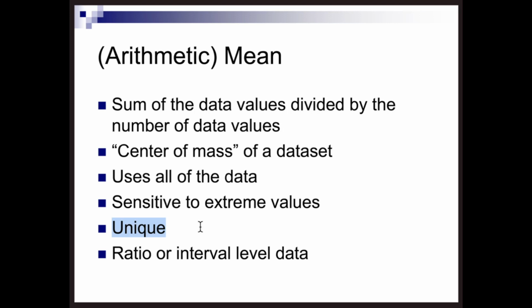But for the arithmetic mean, we can be sure that for a given data set, there's one and only one mean. I ought to say one other thing, that it's not listed here, but for a given data set, the arithmetic mean does exist. And so we know that for a given data set, the arithmetic mean exists, and it's unique. It uses all of the data values in the data set, and it is somewhat sensitive to extreme values.